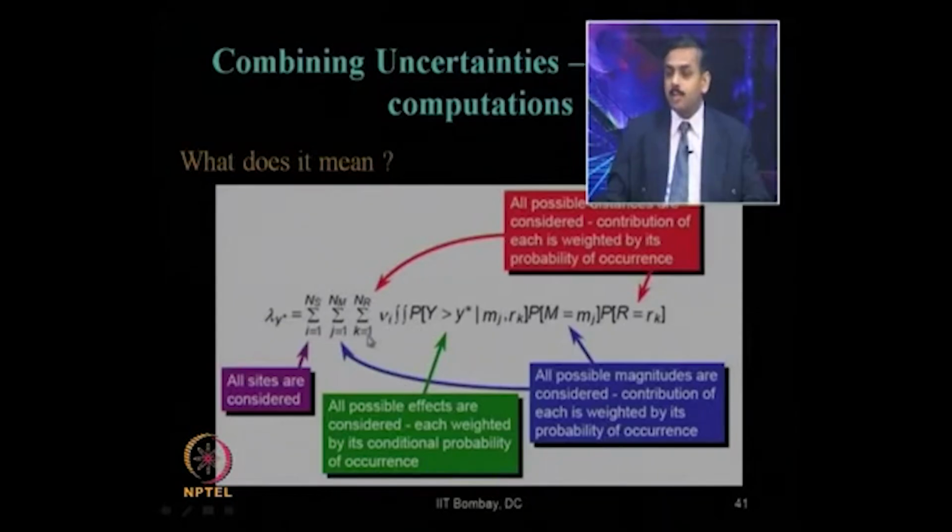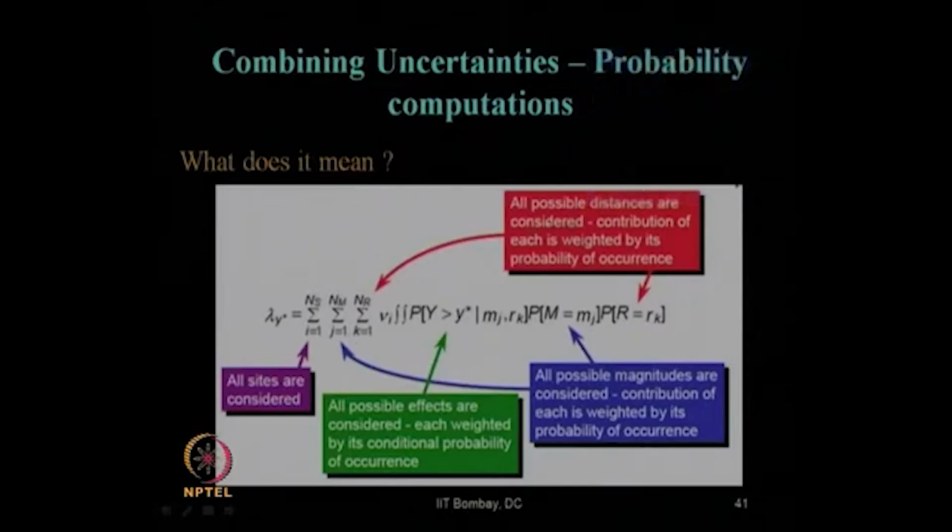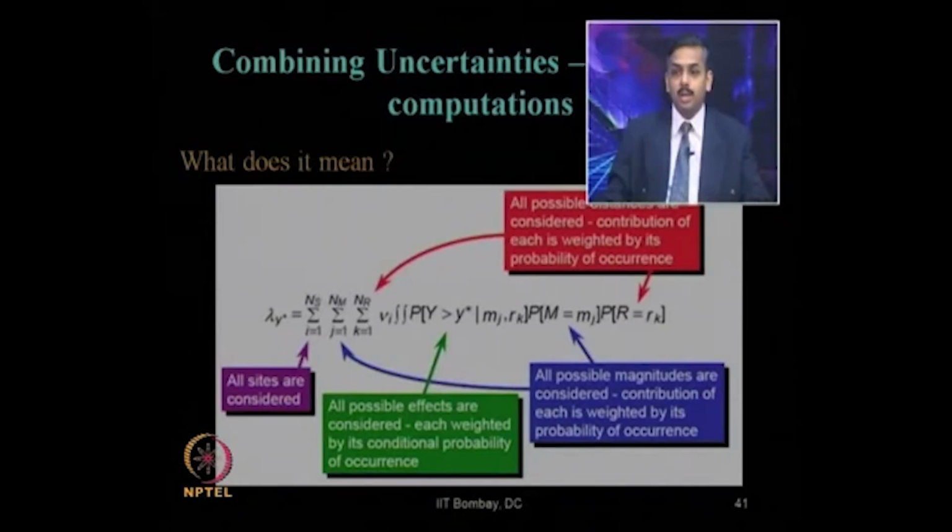What is the next term? k equals 1 to nr takes care of this red box. All possible distances are considered in this probability. That is, the contribution of each is weighted by its probability of occurrence. The distance probability also we have seen, dividing the distances in terms of r min, r max and all other distances from site to source, whether it is linear, volumetric or areal or of unequal length. So, combining them we get all the information.